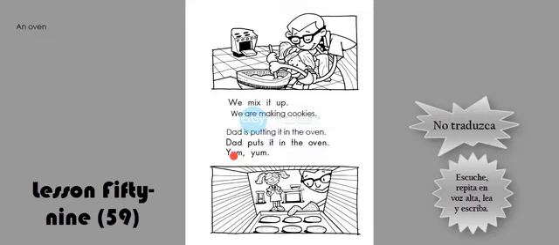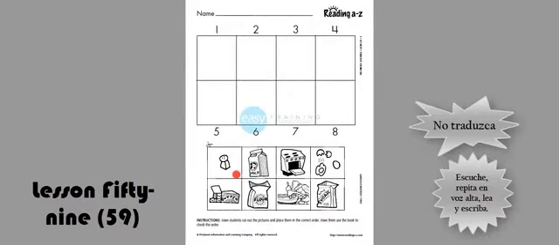Yummy. Oh, delicious. Delicious cookies. After this, they wait for some time until the cookies are done. Okay? This is all about the steps this girl and her dad take to make cookies. Now we can go on to the activities.